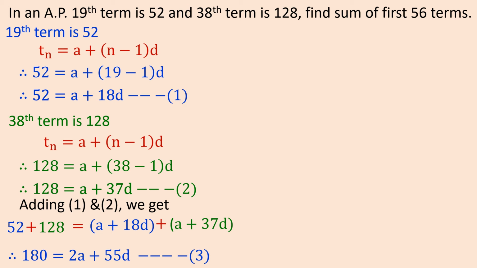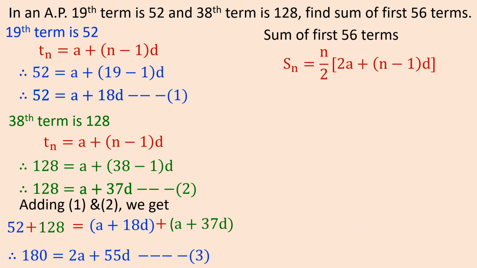So let us see now what we get for the sum of the first 56 terms. Here we have Sn equals n upon 2 into (2a plus (n minus 1) into d).